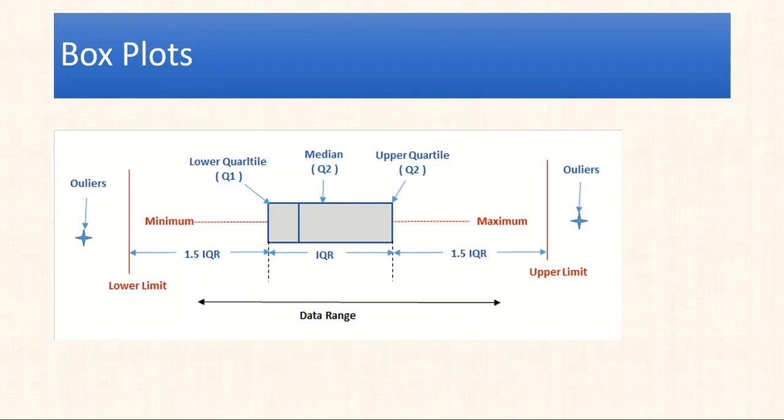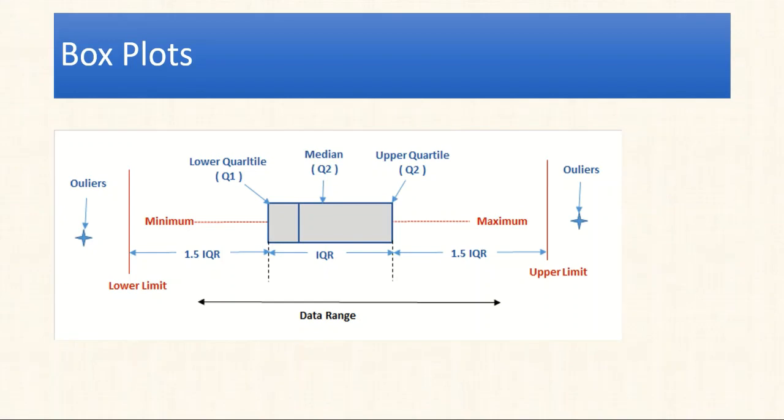Our box plot is very important. In our box plot here, we have our minimum, our maximum, our range, lower limit, upper limit, and then outliers. Outliers are data points that don't follow the pattern; for instance, a dwarf in that example of height is going to be an outlier. Somebody with giantism is going to be an outlier.